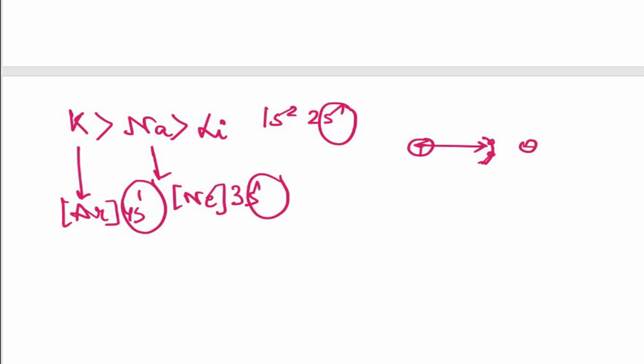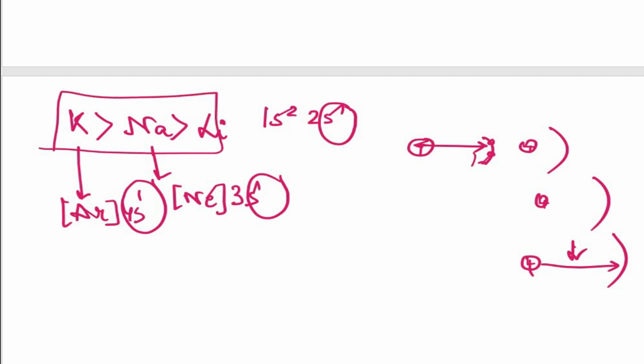But down the group, as the shell number increases, the distance from the nucleus keeps increasing. Right? So the nuclear attraction on the outermost electron decreases, and so we will need a lower amount of energy to remove the electron. So down the group, ionization potential should decrease. But the order mentioned to us is that down the group, the ionization potential is increasing, which should not be the case. So that option is not correct.